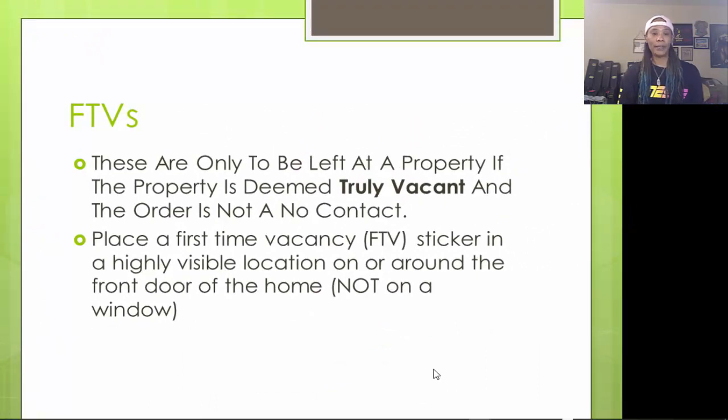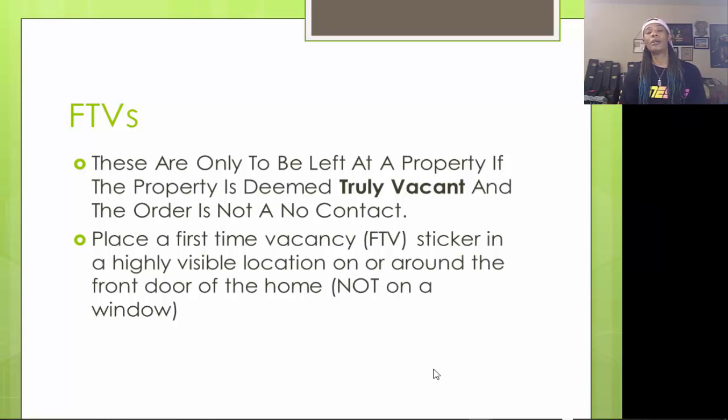All right, FTVs. Now these are only to be left at a property if the property is deemed truly vacant. Make sure there's no shadow of a doubt that the property is vacant and the order is not a no contact order. Place the first time vacancy sticker in a highly visible location on or around the front door of the home.